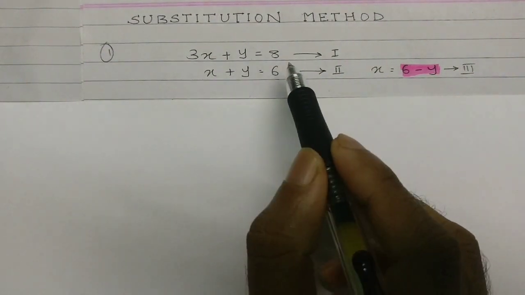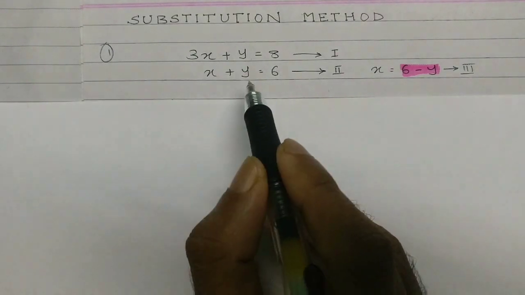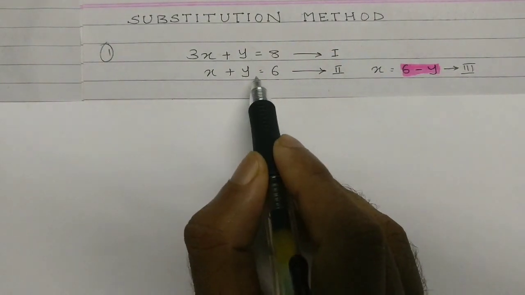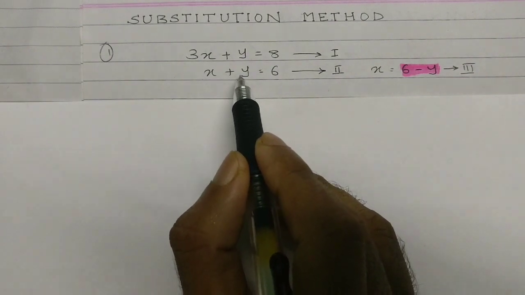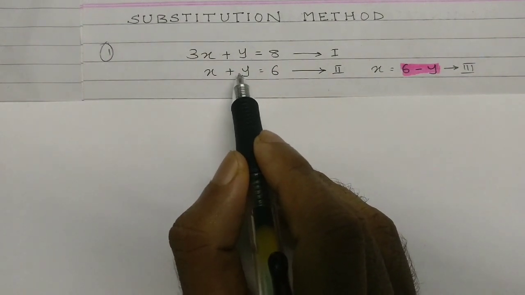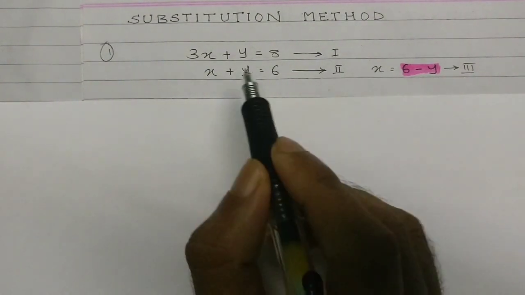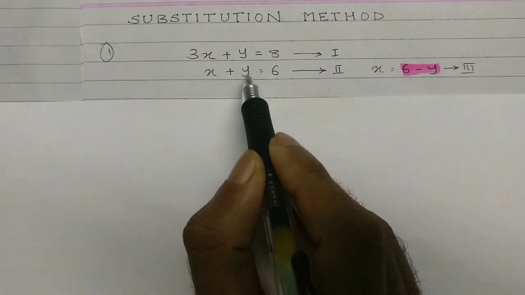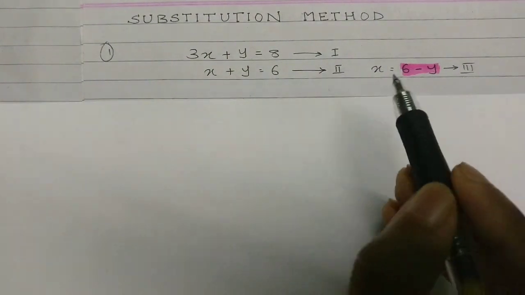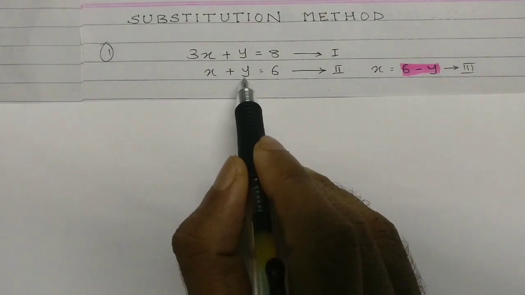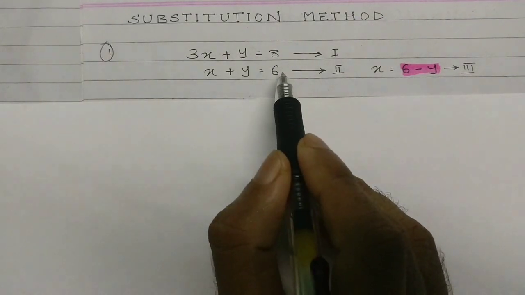I can consider any one, but I will look at these coefficients and keep the variable which has coefficient 1 on one side and take all the terms on the other side. So over here I can write this as x is equal to 6 minus y.